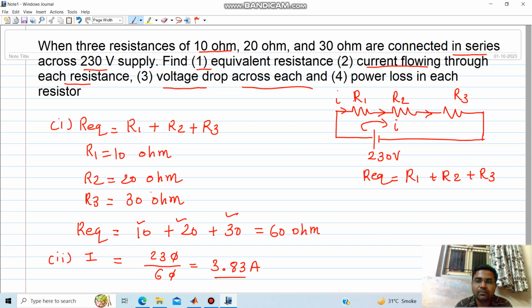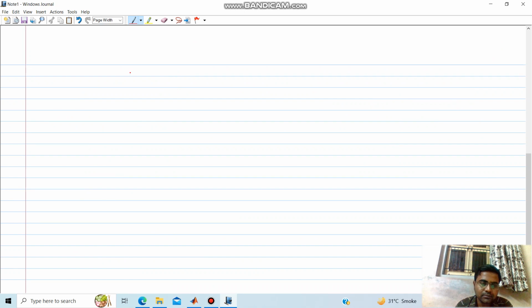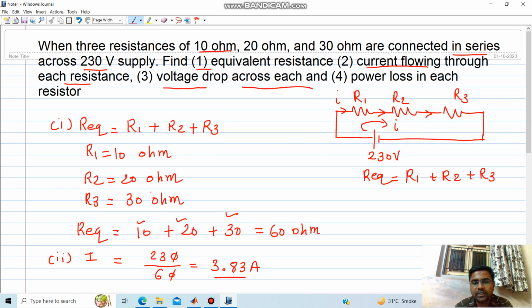Now the voltage drop across R1, R2 and R3 can be given as per Ohm's law, V equals I R. The current flowing through the resistor R1 is I, and its own resistance is R1, similarly R2 and R3. What is I? We have already calculated it as 3.83.